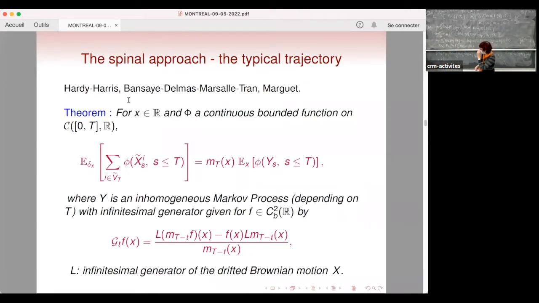So now we have our generator. This process is called the spine, or spinal process, and it is biased by this M_t of x, which computes the macroscopic population size, the expectation of the population size, which gives, as I said, a bias since you pick at random the individuals in the set of individuals alive at time t.